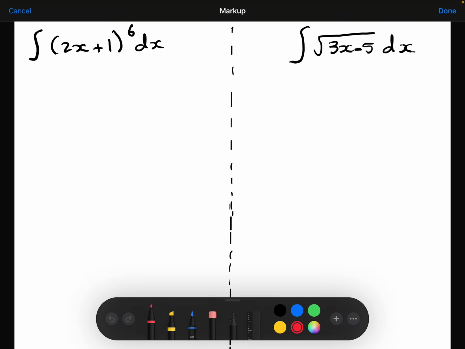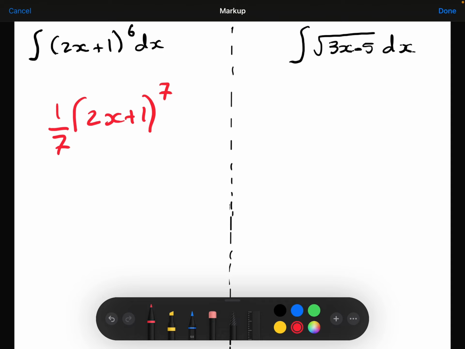Okay, first example, we want to integrate 2x plus 1 to the power 6. So I'm going to integrate the outside function. That means I'm going to add 1 to the power, so the new power is going to be 7. I'm going to divide by the new power, so dividing by 7 would have a 1/7.